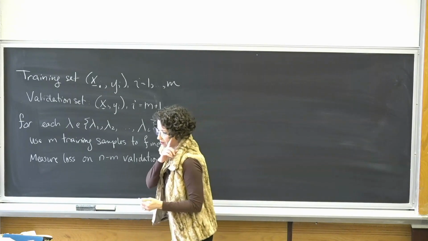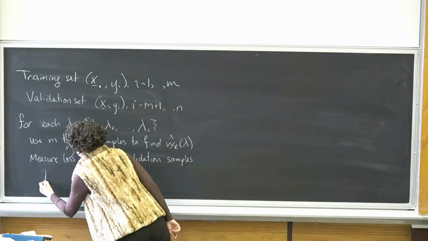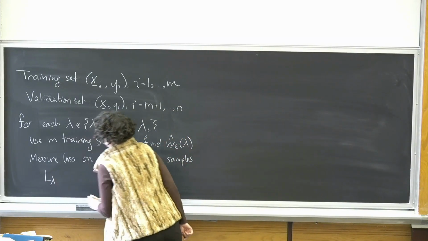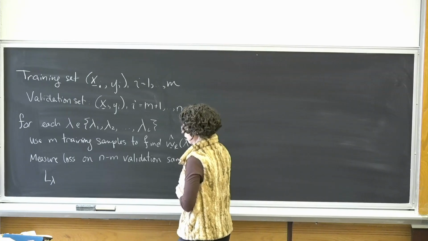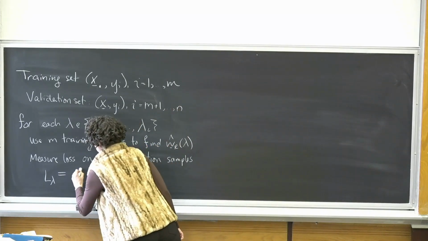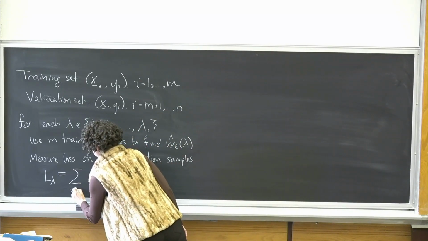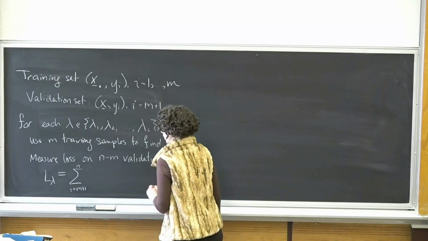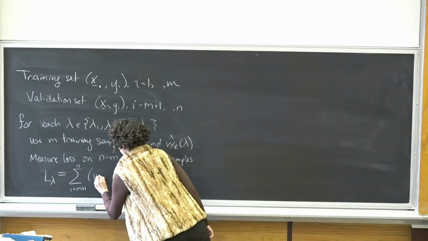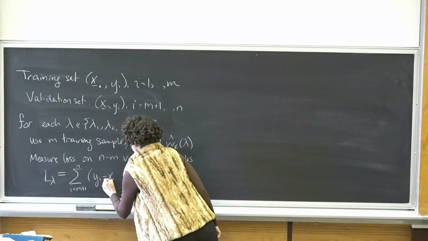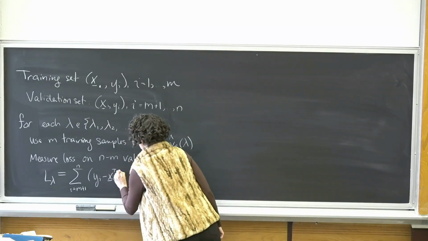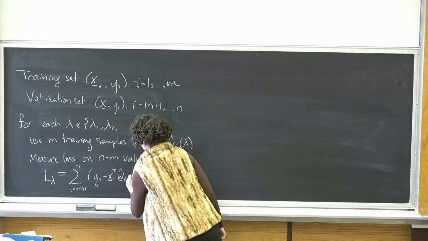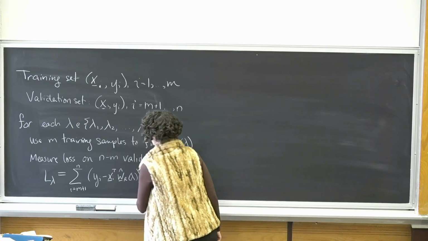Specifically, I might say that the loss on my validation samples for a given lambda could equal the sum from i equals M plus 1 all the way to N of y_i minus x_i transpose W hat R of lambda, squared.